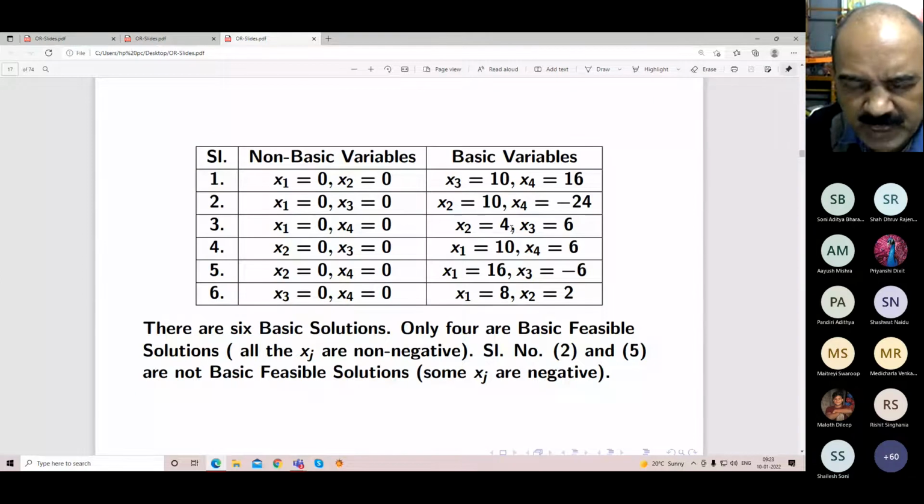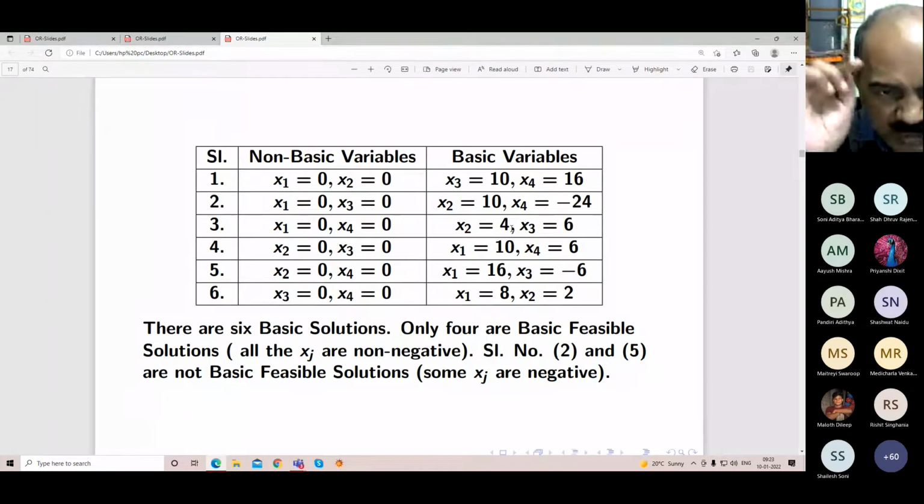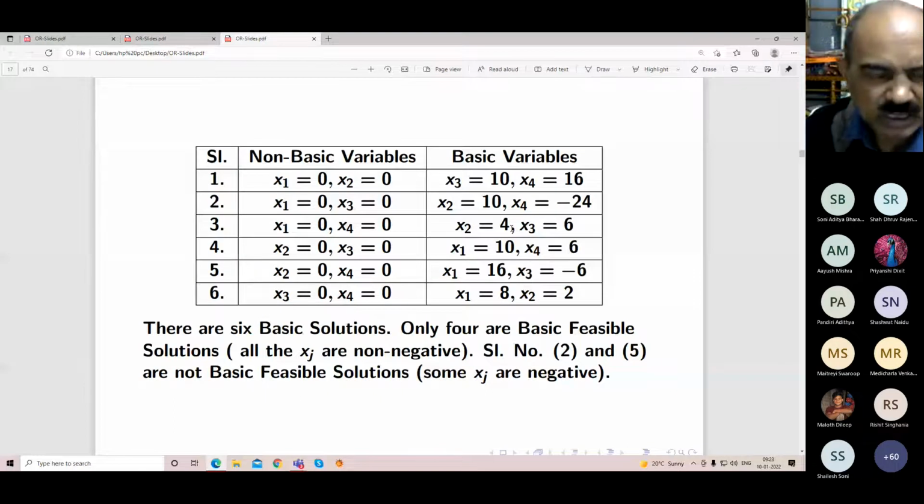So this corresponds to point C. Is it a basic feasible solution? Yes, sir. So serial number 1 was also a basic feasible solution corresponding to an extreme point. Serial number 3 is a basic feasible solution corresponding to the extreme point C.